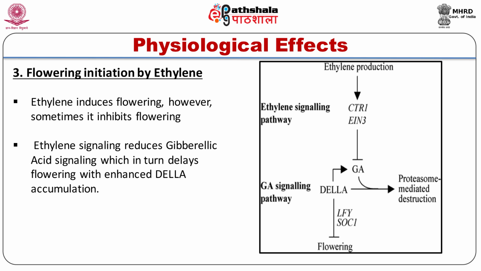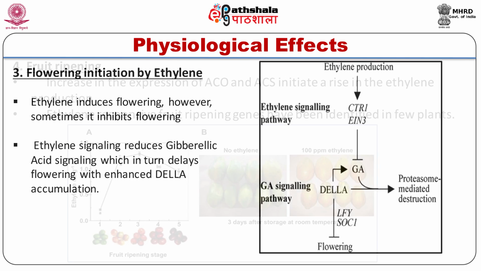Activation of ethylene signaling reduces the accumulation of bioactive GA and increases the accumulation of DELLA protein. Enhanced DELLA accumulation inhibits the floral meristem identity genes called LEAFY or LFY and suppressor of overexpression of constans 1, that is SOC1, which in turn delays flowering. Ethylene stimulates flowering in pineapples, other bromeliads, mangoes and in some geophytes.